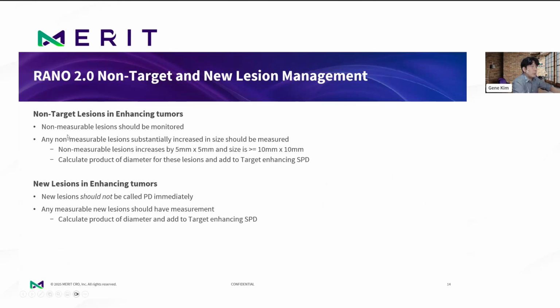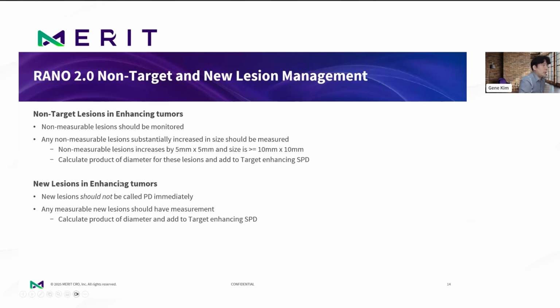Any non-measurable lesions initially should just be monitored until their size has substantially increased, that is, a non-measurable lesion turning into a measurable size, increasing by 5 or more in both axes. These progressing lesions should be calculated with the product of the diameters and then added to the target enhancing SPD to be able to calculate the progression in this case.